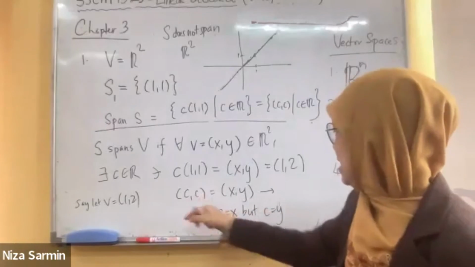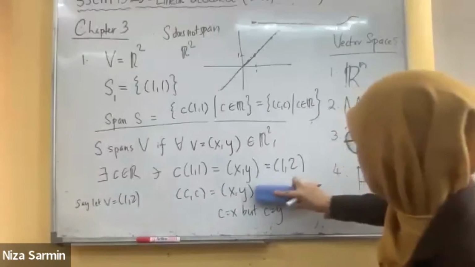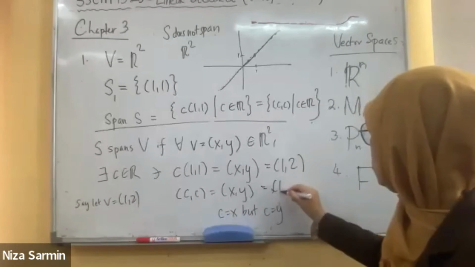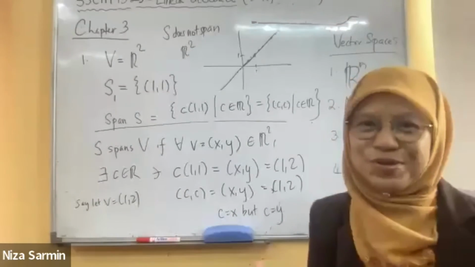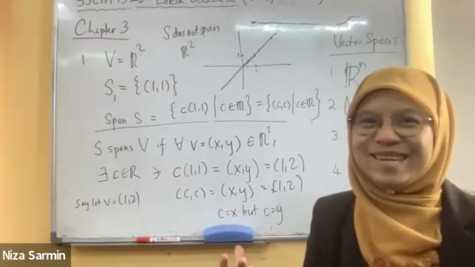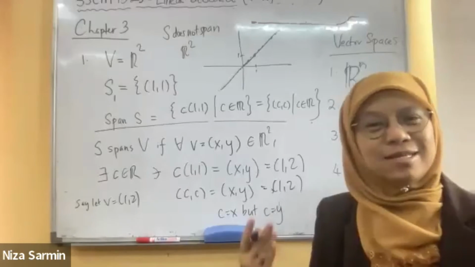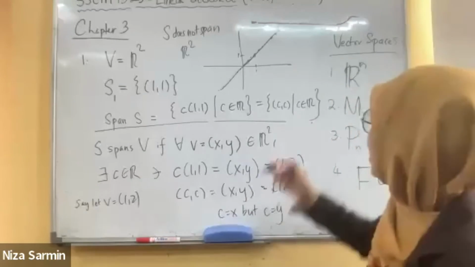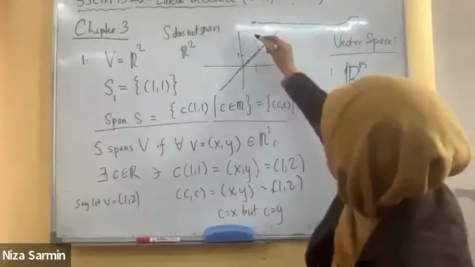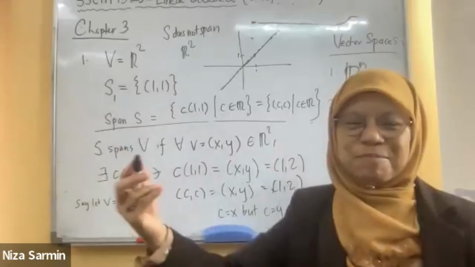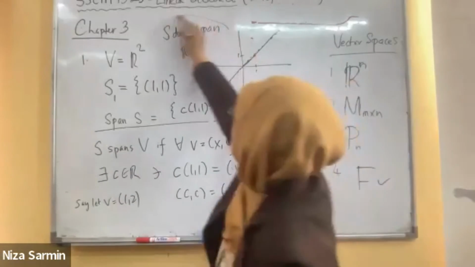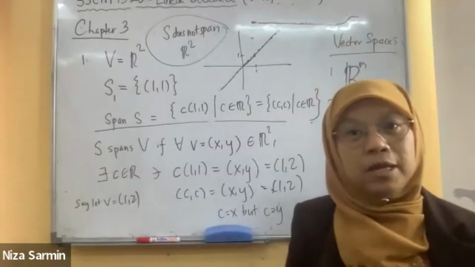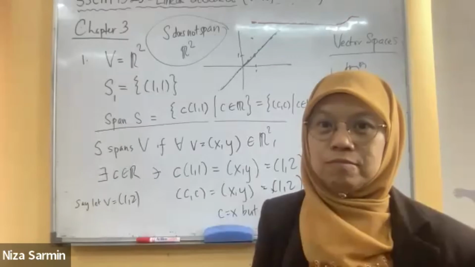So (C, C) is equal to (X, Y), which is equal to (1, 2). You cannot say C is 1, C is 2, because C is the same C, right? So there is no such C. You cannot get (1, 2) because (1, 2) is outside the spanning set. Yeah. So in this case, the answer is S does not span R2. Okay.